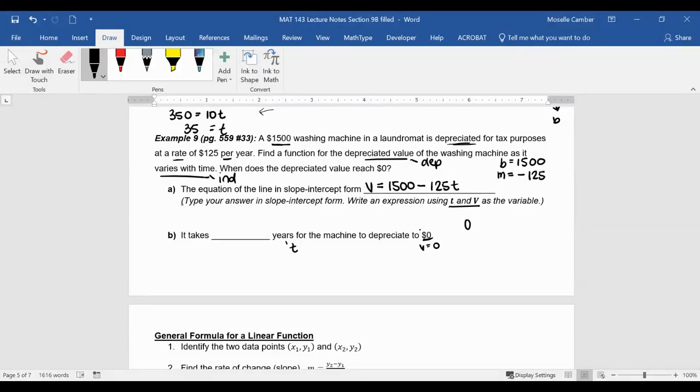So I put in 0 for v, so I have 0 equals 1500 minus 125t. Subtract 1500 from both sides. Divide both sides by negative 125. And I get that t is equal to 12. So it would take 12 years for this machine to depreciate to $0.